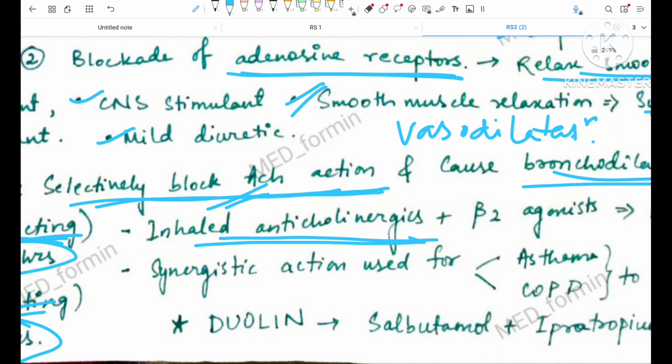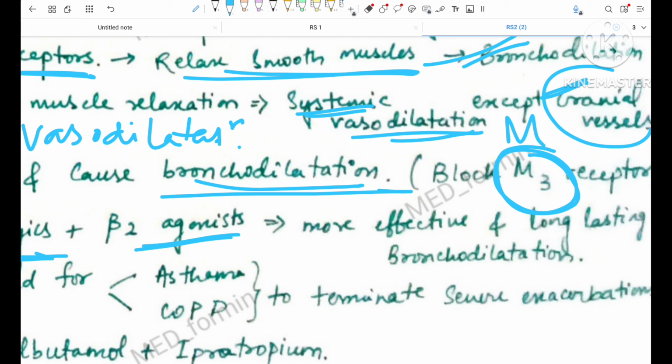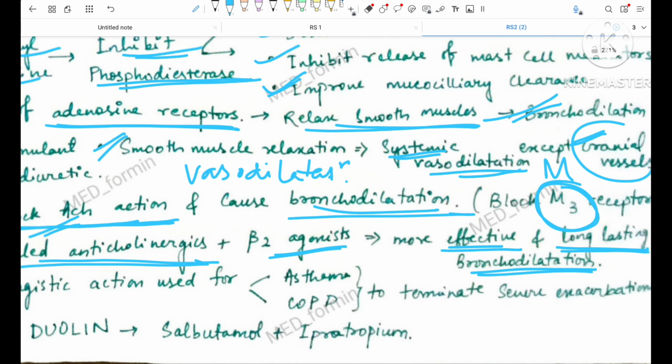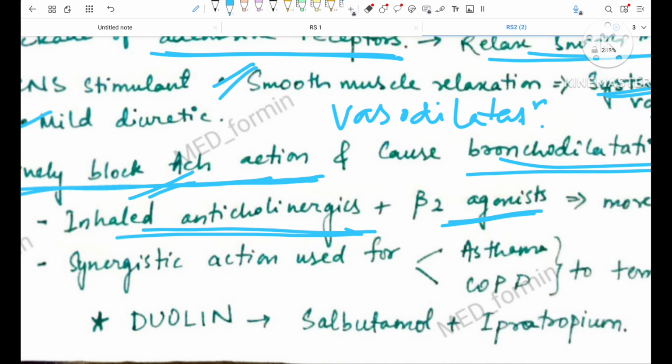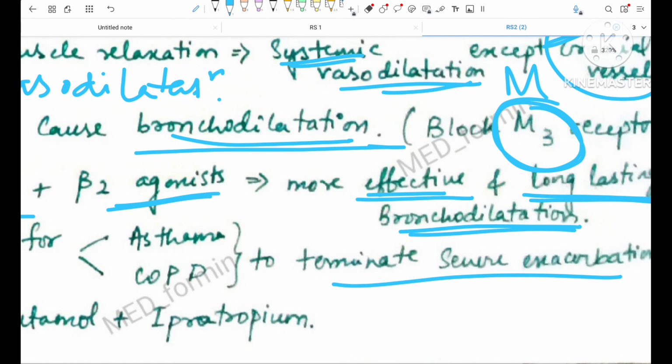Inhaled anticholinergics along with beta 2 agonists are more effective in the treatment of asthma and COPD. They are more effective and have a longer lasting action of bronchodilation. This synergistic action is used in termination of severe exacerbation of asthma or COPD.